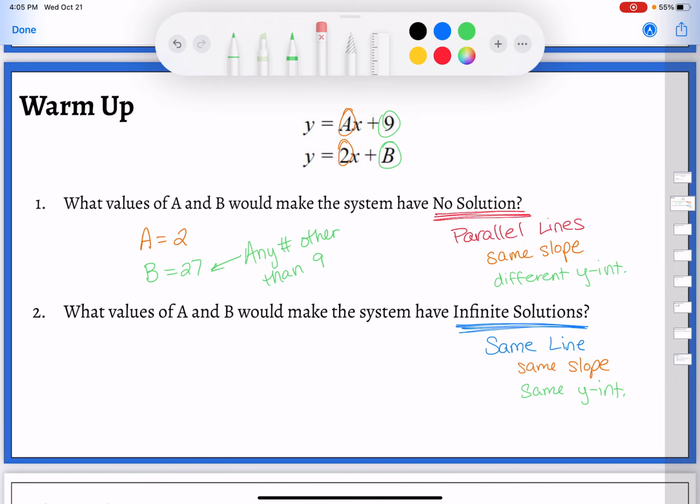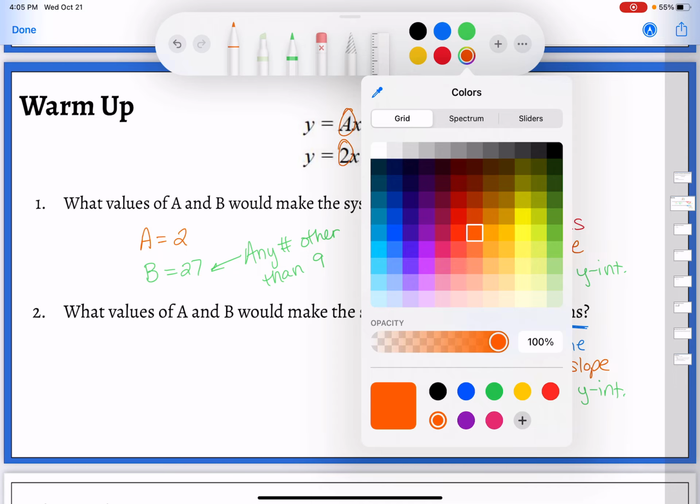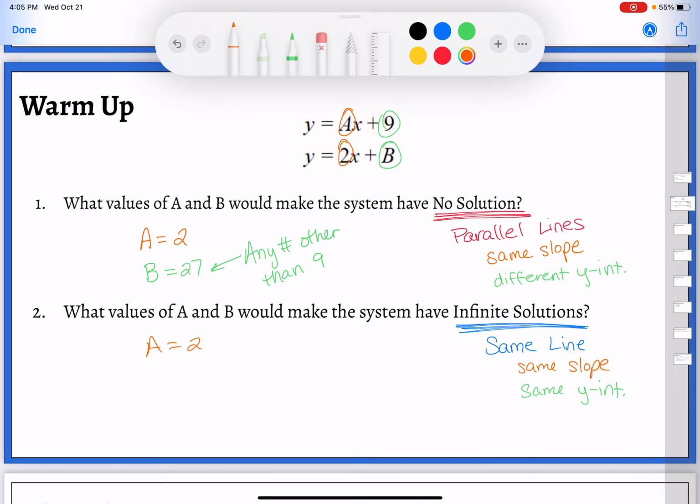If I look at A in this case, it has to be the same again, so A will also have to equal 2 on this one. But this time my y-intercept also has to be the same, so B has to equal 9 so that the two equations are identical, and that would give me those overlapping lines, which would give me infinite solutions. All right, so hopefully you remembered that from yesterday or looked it up along the way if you didn't remember.